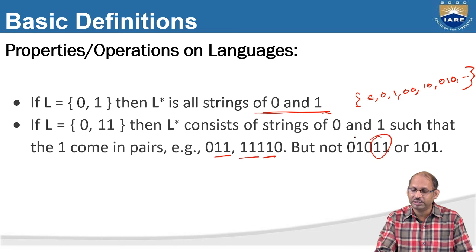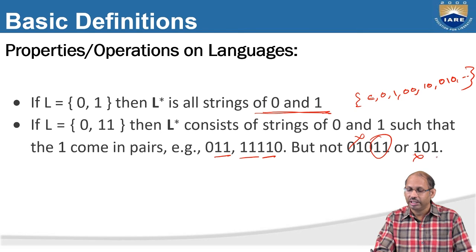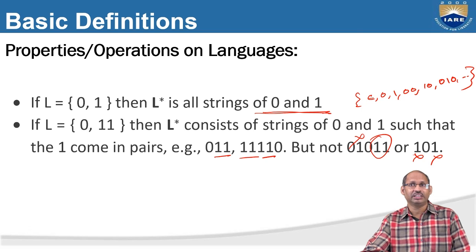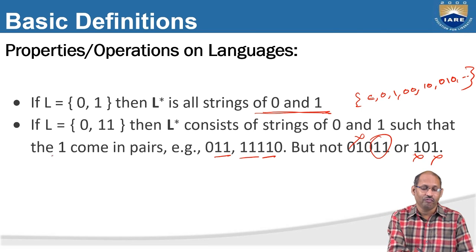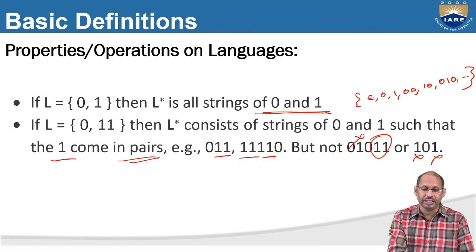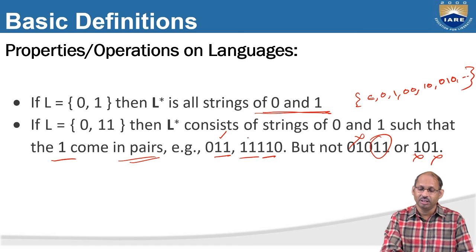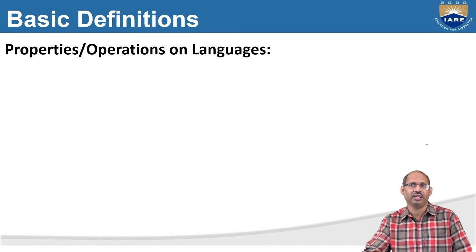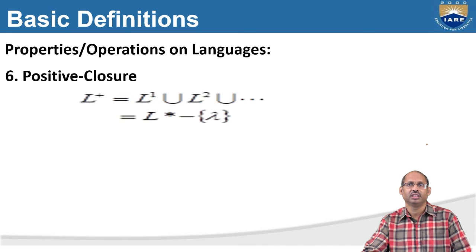But here two ones is not a pair. Here it is a language such that ones come in pairs. So these both are valid, but these are invalid.